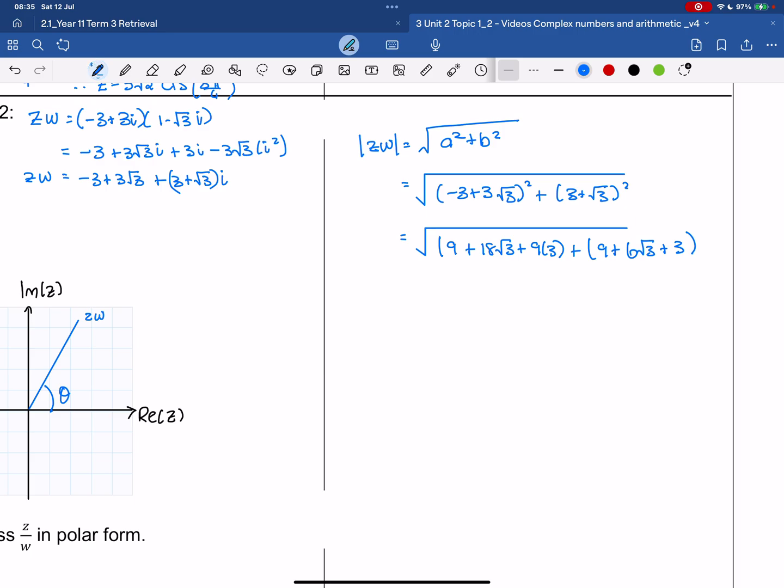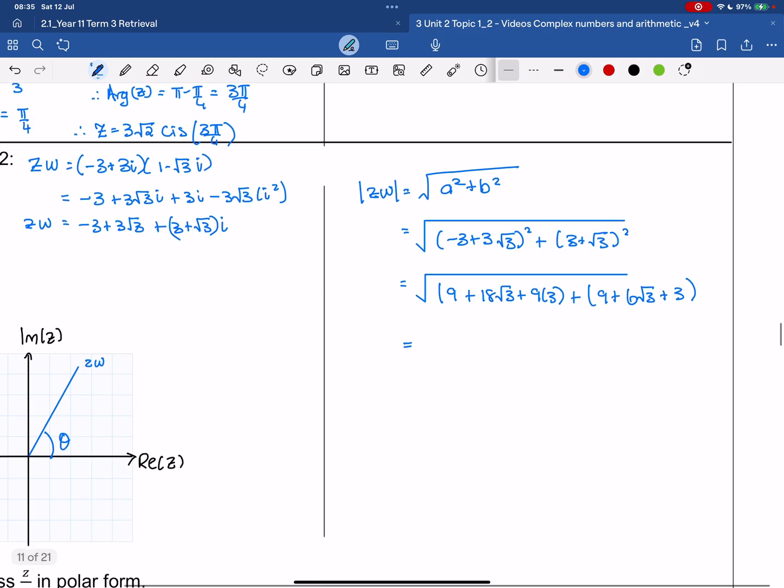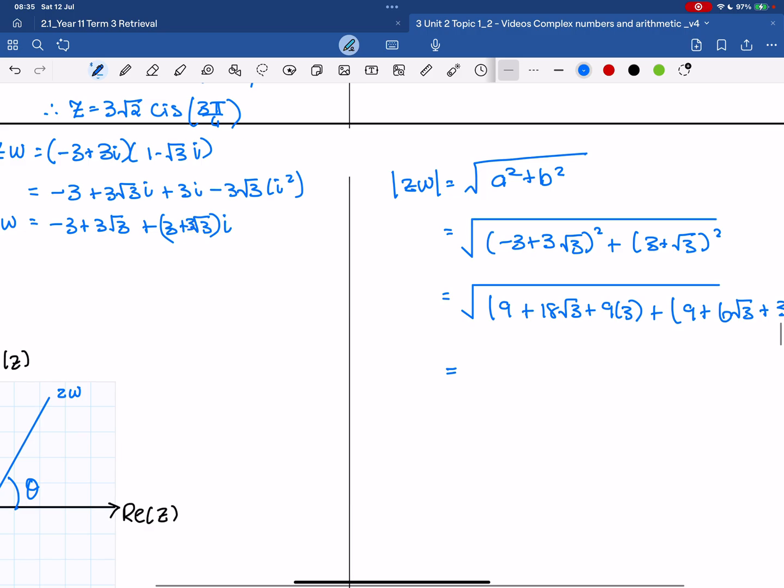Have I got that right? 1 3 is 27. Have I written something down wrong here? I'm missing a 3. Sorry, there's a 3 there.